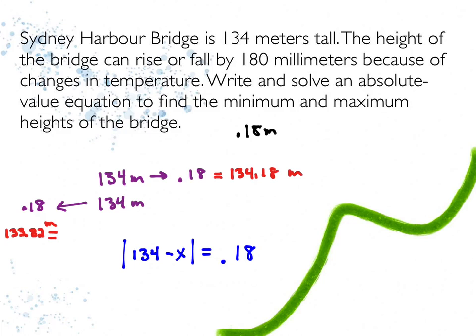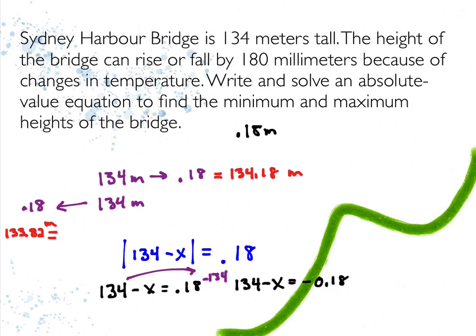Again, two answers that we can have. 134 minus x could be positive 0.18, or 134 minus x equals negative 0.18. So I'm going to subtract, bring this over, make this a negative 134.